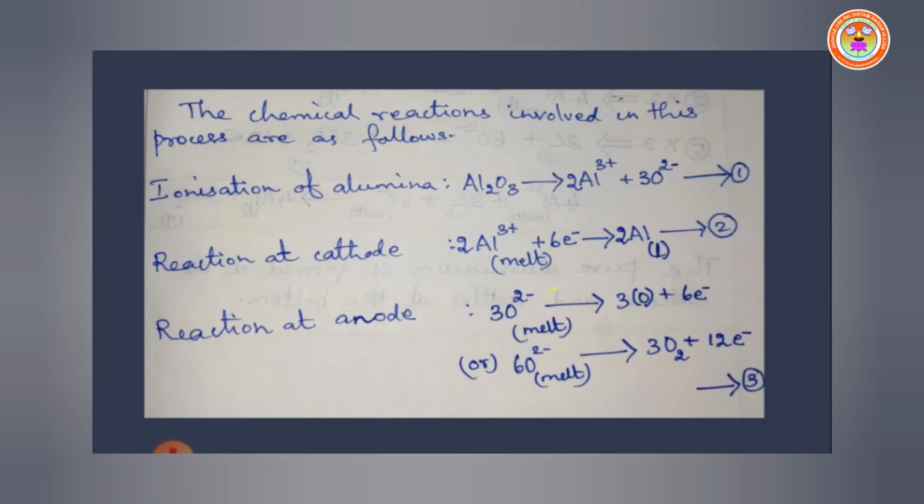So we can write the anodic reaction as 6 O2- gives 3 O2 + 12 electrons. 12 electrons will be lost during oxidation of 6 oxide ions, so 6 oxygen atoms will be formed. The 6 oxygen atoms combine and evolve as 3 moles of oxygen. So the anodic reaction is 6 O2- gives 3 O2 + 12 electrons, with the oxide ion in the molten solution. Let it be equation number 3.